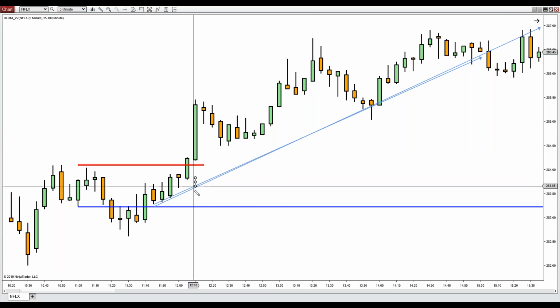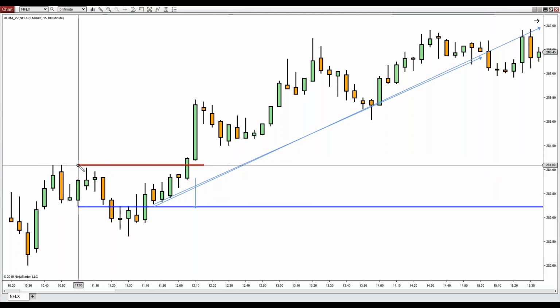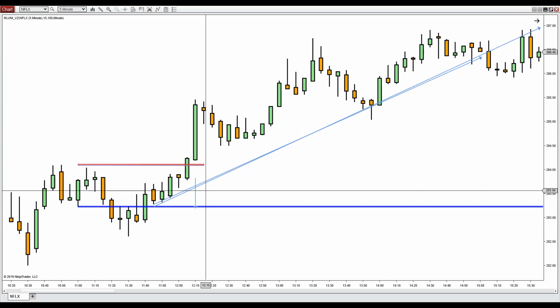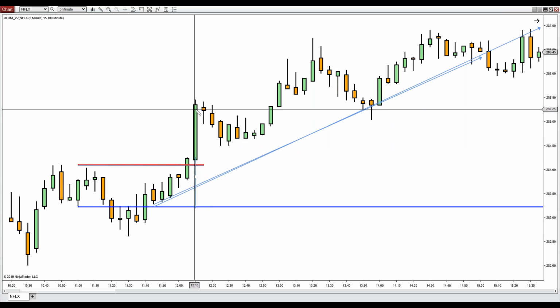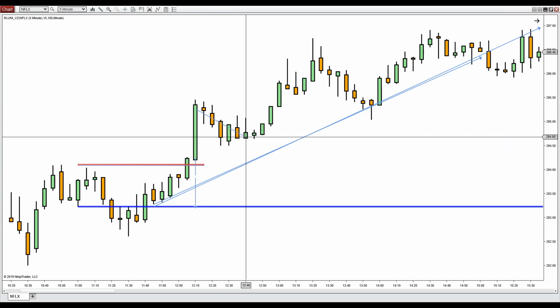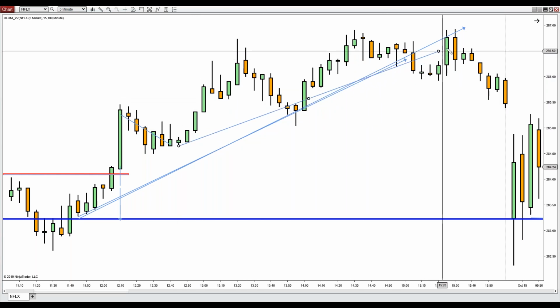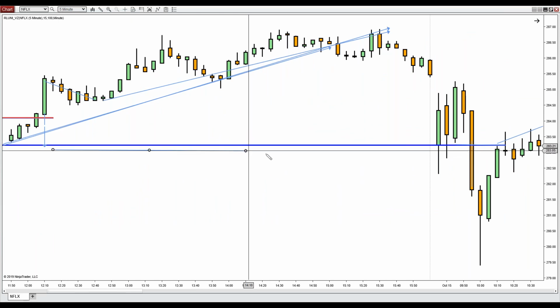If you had an entry into it, you'd never take it. And very briefly, you had an area of sell imbalance right here, and you could have traded the break. It would have come back, but then it would have done nothing but run all day to the upside. And this remained intact for the whole day.